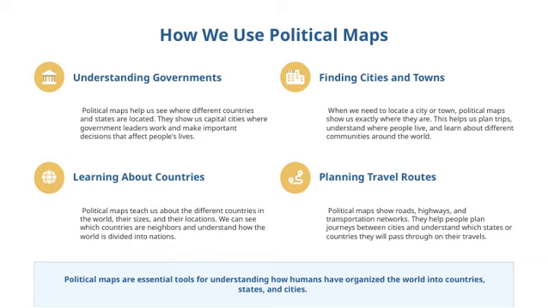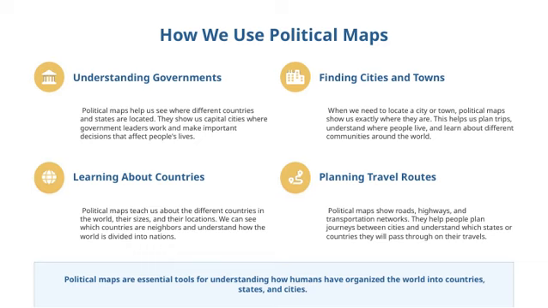They also teach us about the countries themselves, their sizes, their locations, and how they relate to one another. We can see which countries are neighbors and get a better sense of how the world is divided into nations. And finally, political maps are essential for planning travel routes. They show roads, highways, and transportation networks, helping us figure out the best way to get from one city to another.